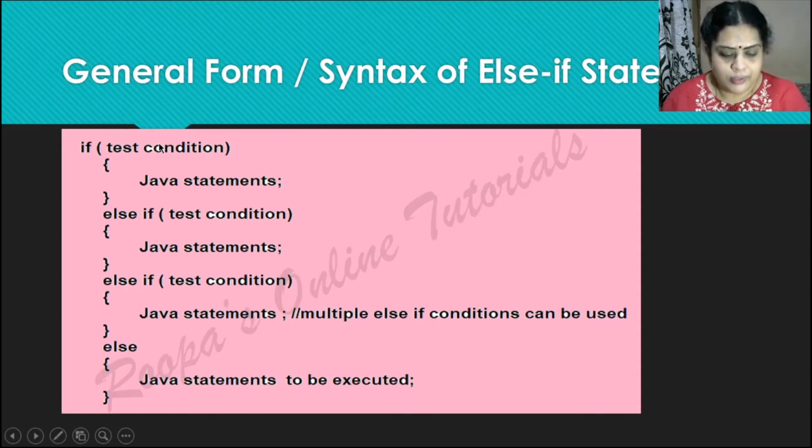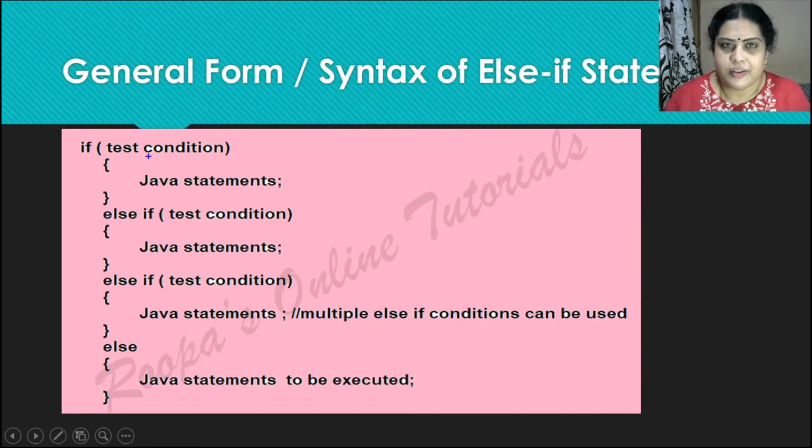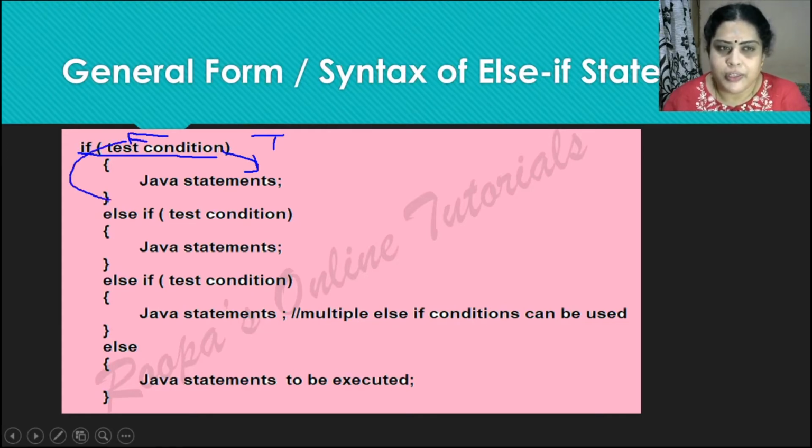Here, I have the first test condition. If this test condition is true, this set of statements will be executed. But if this condition is false, as I told you earlier, it goes into the else if block. Here again, it checks whether the condition is true or false. If it is true, the if part will be executed.